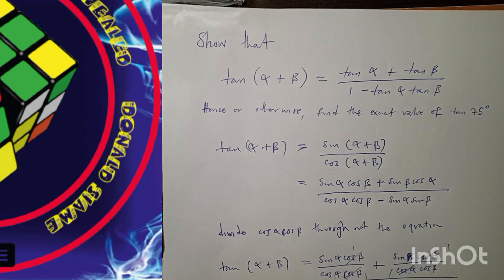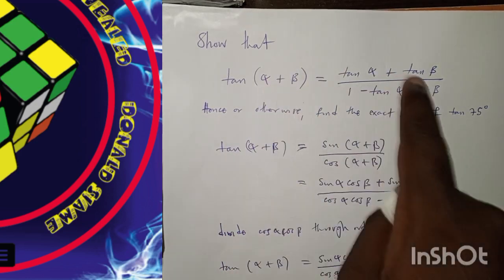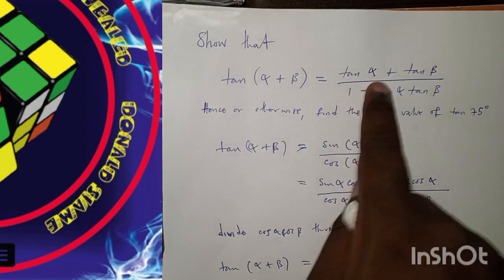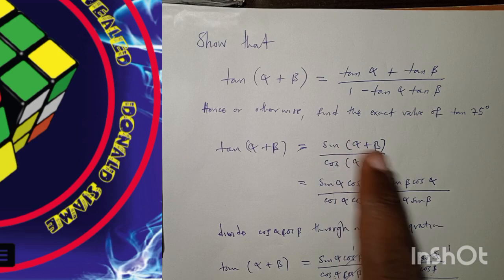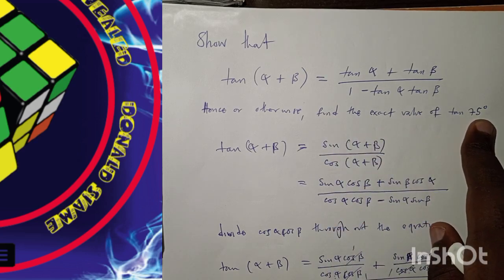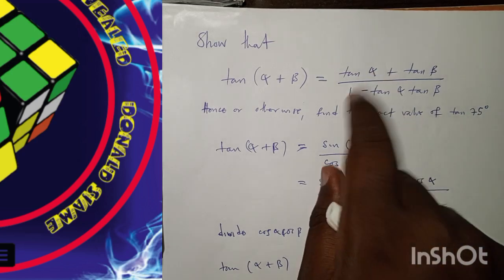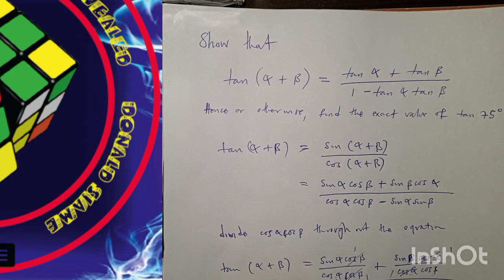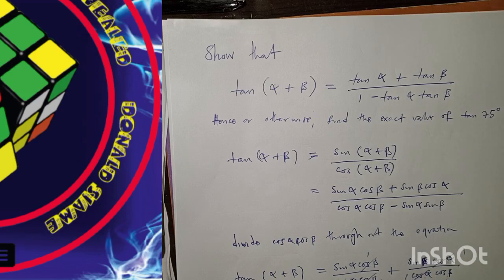So if you hear this word hence or otherwise, it means we are going to use the same formula to work out what they are asking us. So what are they asking us? Find the exact value of tan 75 degrees. So we are going to find tan 75 degrees using this same formula. Okay, so let's work it out.